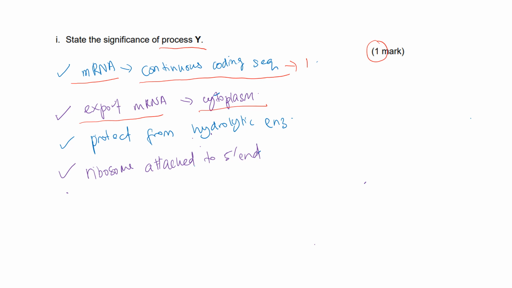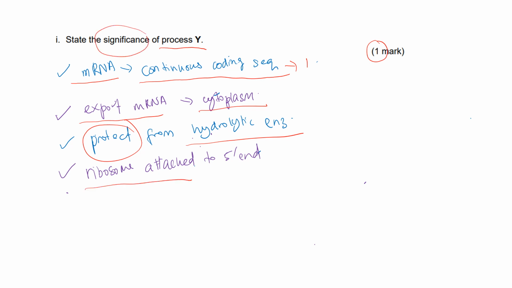It helps to export the mature mRNA molecule to the cytoplasm. Or you could give another significance: it helps to protect the mature mRNA from hydrolytic enzymes in the cytoplasm. That is the significance of attaching the 5' cap and also the poly A tail. This protects the mRNA from hydrolytic enzymes in the cytoplasm, and the 5' cap also helps the mRNA to attach to the ribosome.